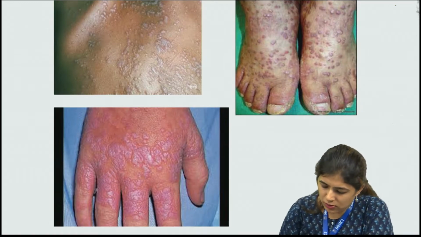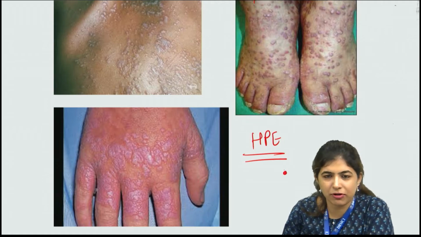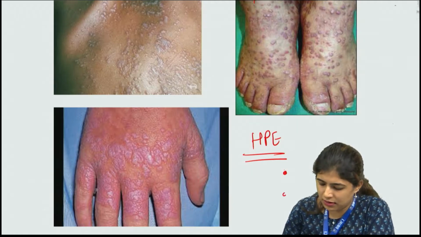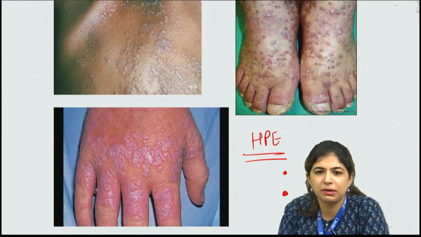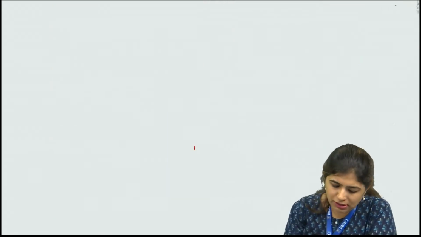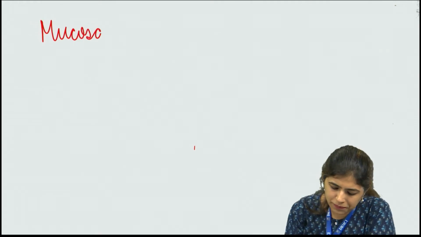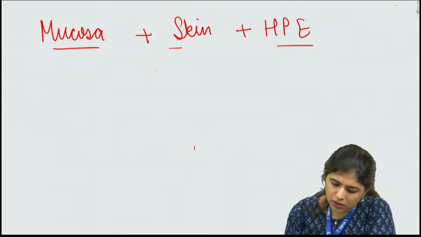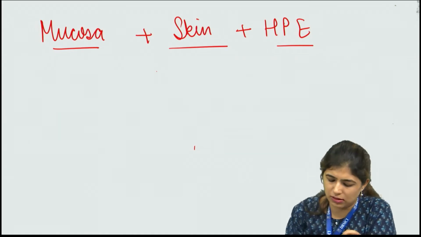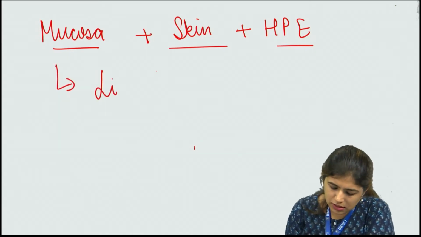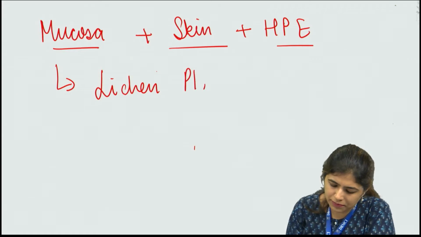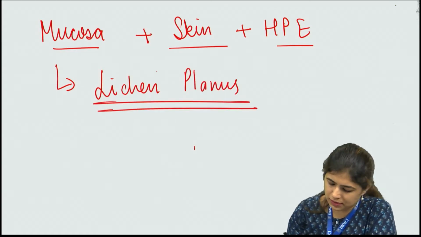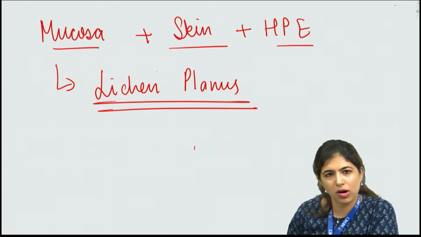And then it also gives you the histopath, which is band-like dermal inflammation and degeneration of the basement membrane. So it's giving you a finding of the mucosa along with skin, along with histopath. And all these descriptions are classical of the disease, which is Lichen planus. Correct? Did you all get it?